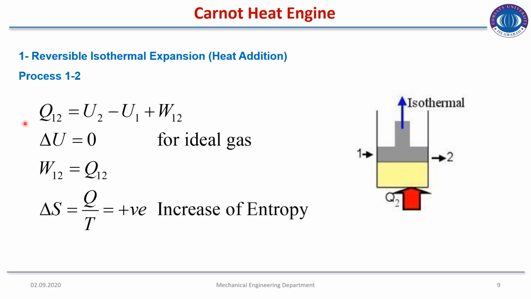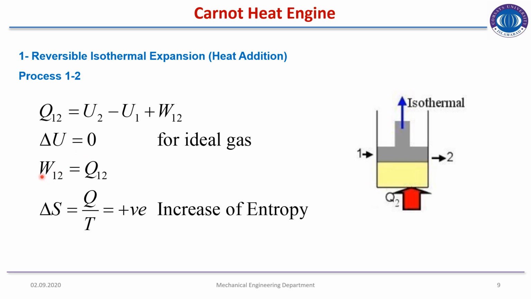From the first law of thermodynamics, Q12 is equal to U2 minus U1 plus W12. U2 minus U1 is the change in internal energy. For an ideal gas, the internal energy is a function of temperature. In an isothermal process, the temperature difference is 0 because it's a constant temperature process. Therefore, for an ideal gas, delta U will be equal to 0.